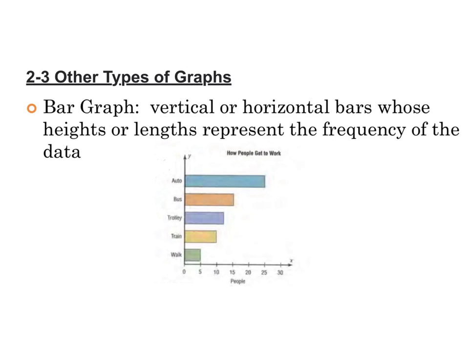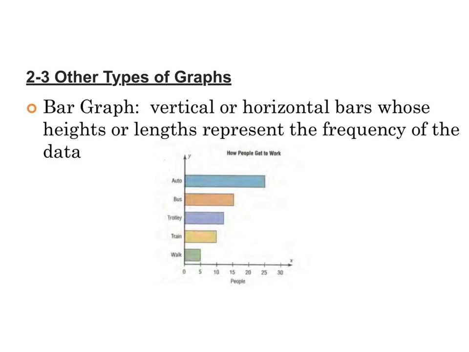And here's a quick little example of what one might look like. Again, notice the bars are going horizontally now instead of vertically. Here's our frequency down here, the number of people that use this mode of transportation to get to work.